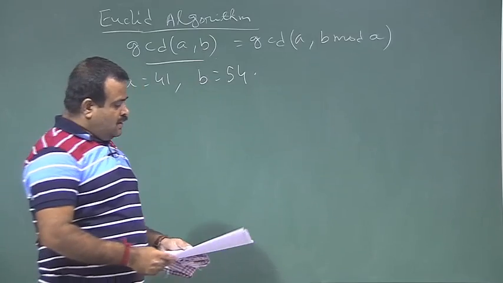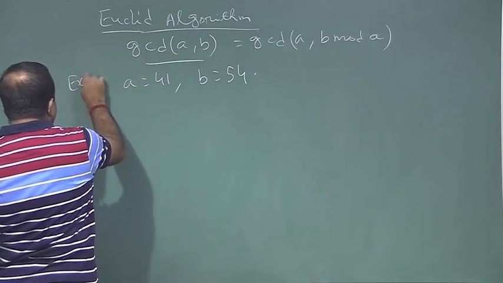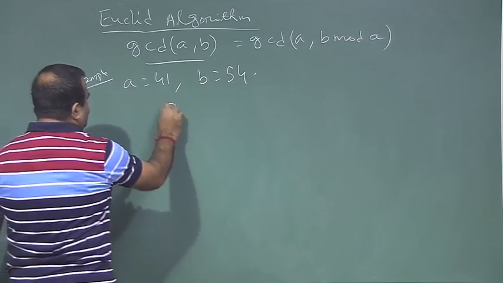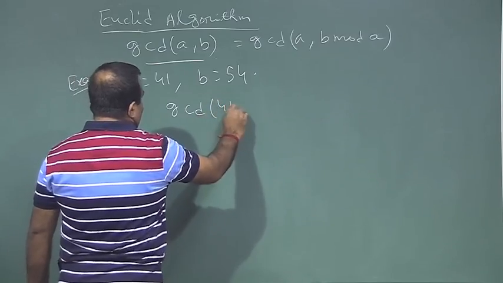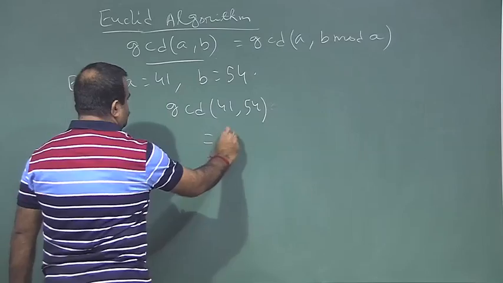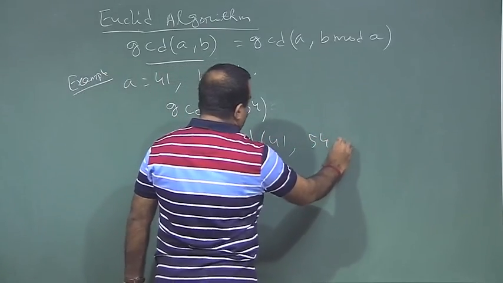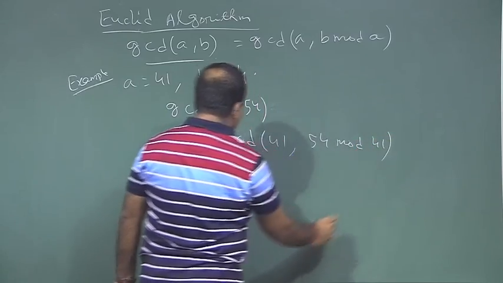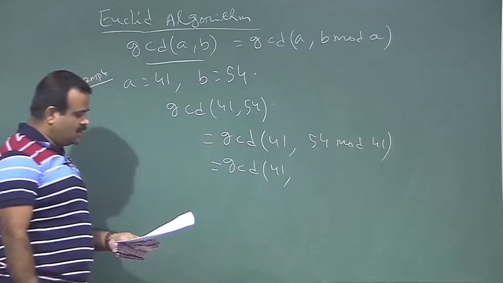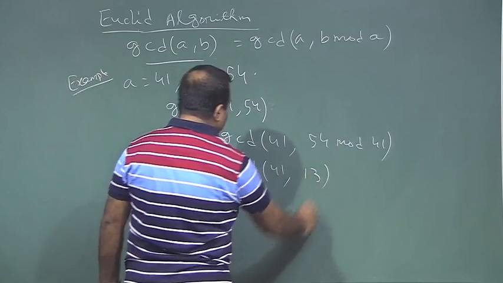If we take this example and find GCD of 41 and 54, this is GCD of 41 and 54 mod 41. 54 mod 41 is 13.